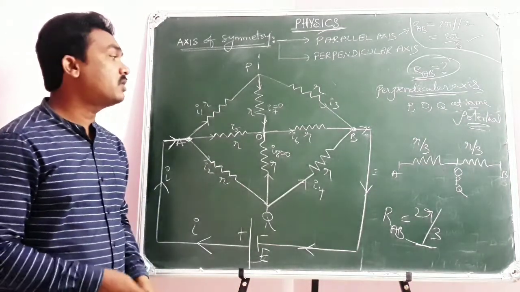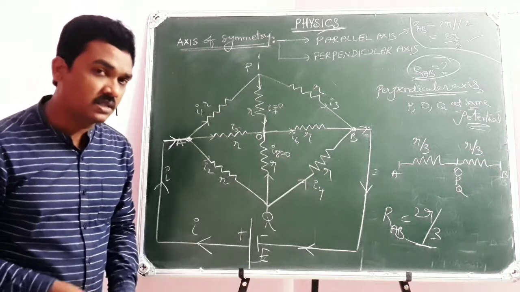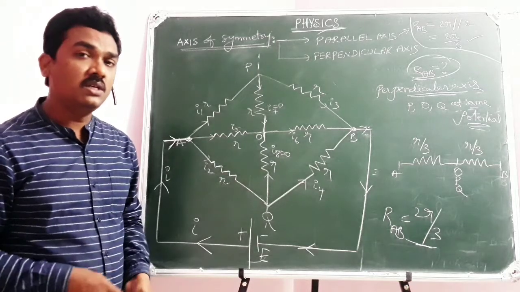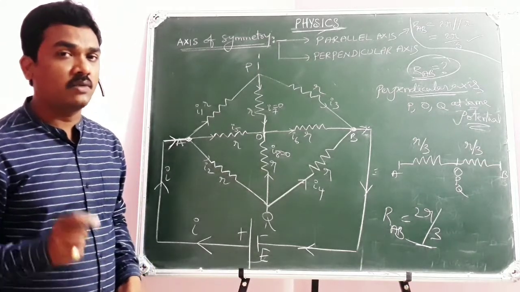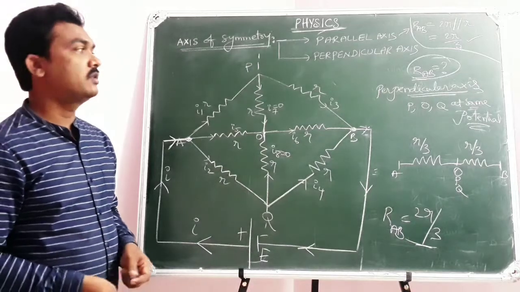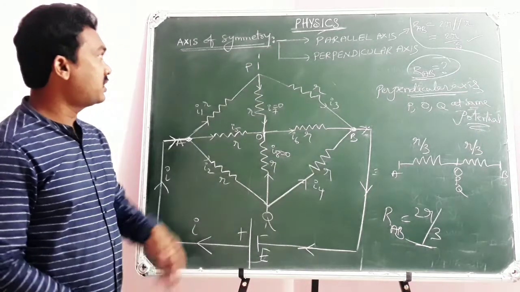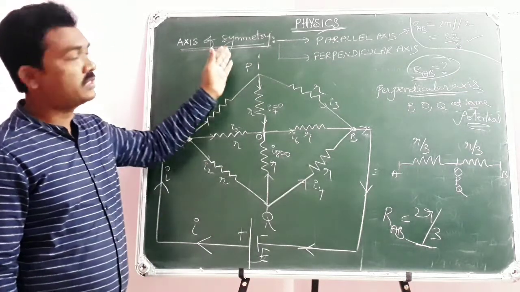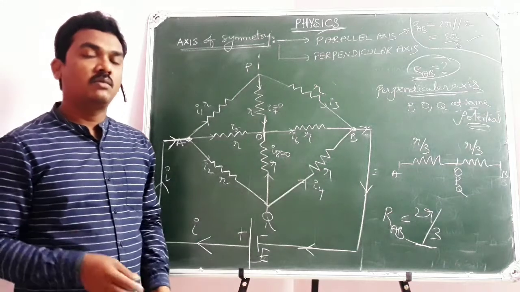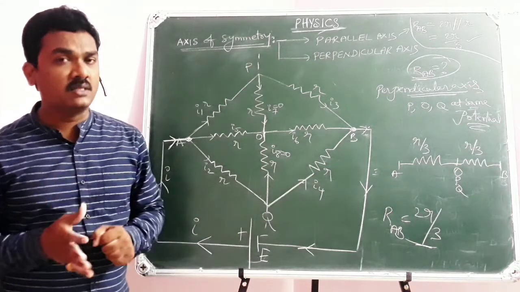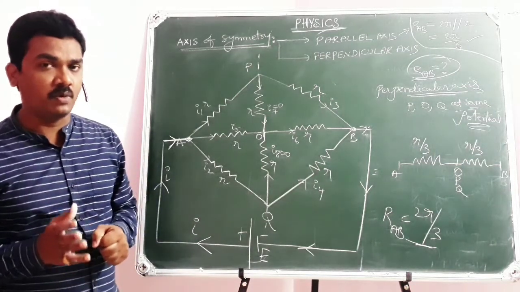Means the complex circuits can be solved either using the parallel axis of symmetry or using the perpendicular axis of symmetry. This is a little bit of explanation on the concepts of axis of symmetry. So go through the concepts of path symmetry and axis of symmetry properly.